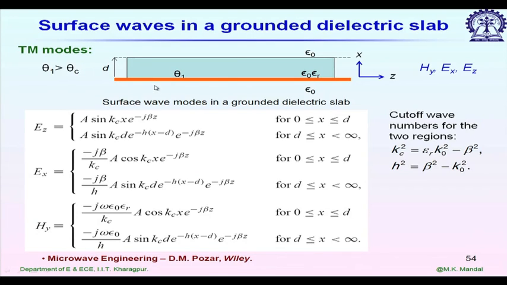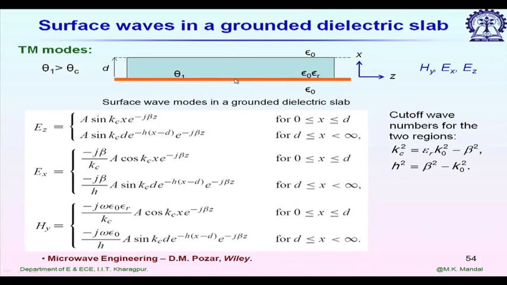So, the first one is TM modes. The dominant electric and magnetic field components are Ez, Hx and Hy. If you look at the solution for the Ez component, it is in which direction? It is in the direction of electromagnetic wave propagation. So, Ez, we have a metal here as the ground plane.